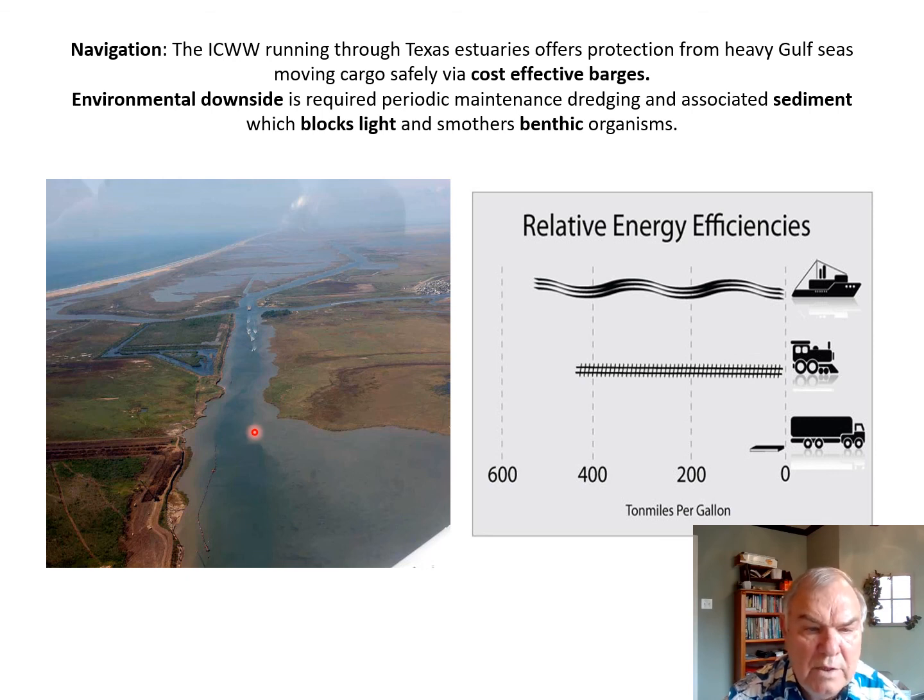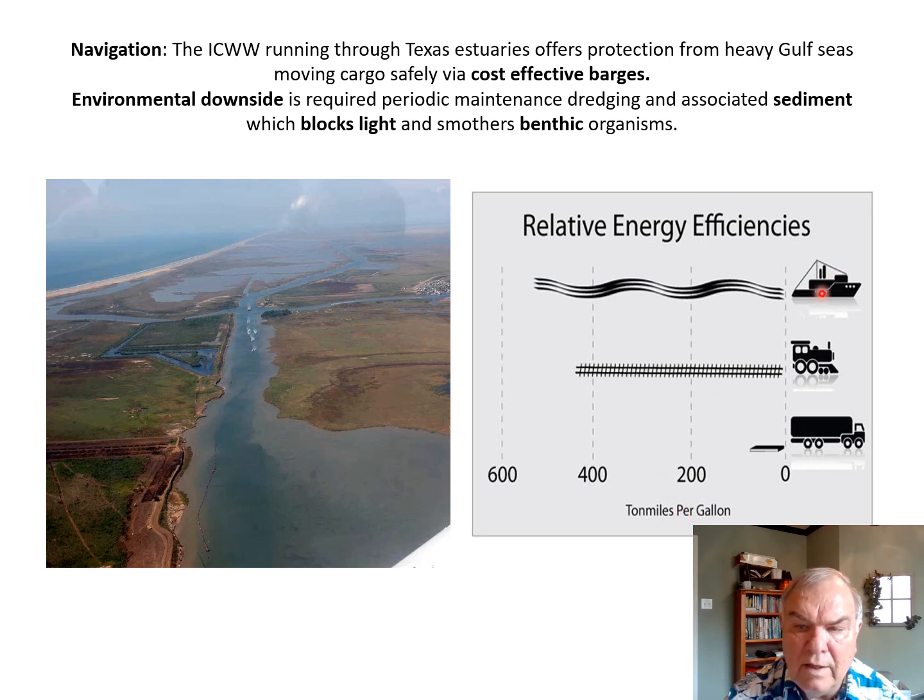Again, they're about 14 feet deep. It's primarily barge traffic, and it was installed so that goods could be moved very cheaply by water. You can see over here the relative efficiency as far as ton miles per gallon of fuel used.